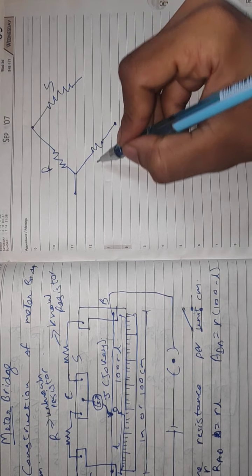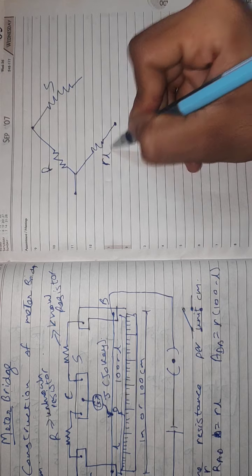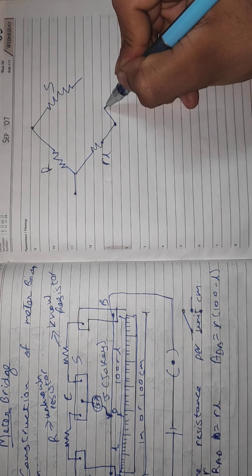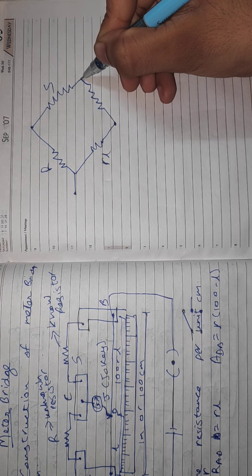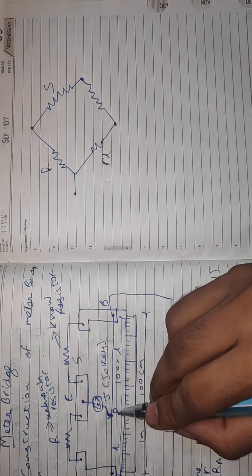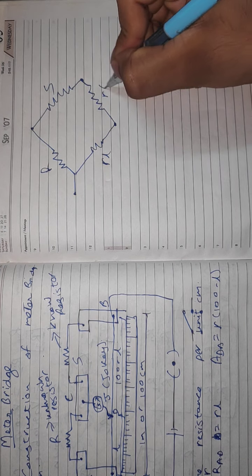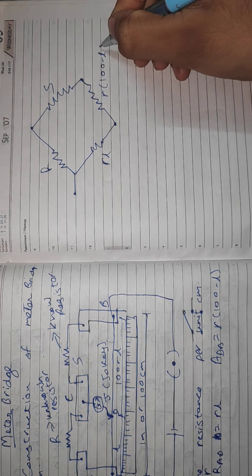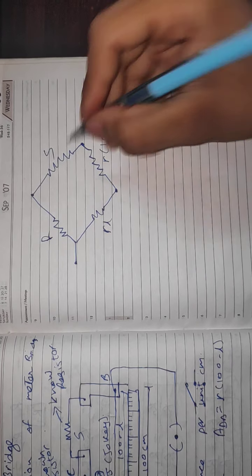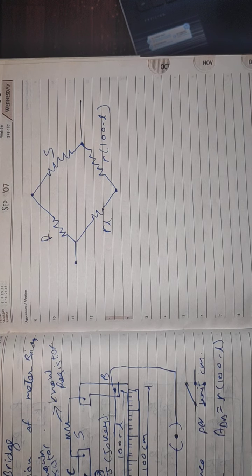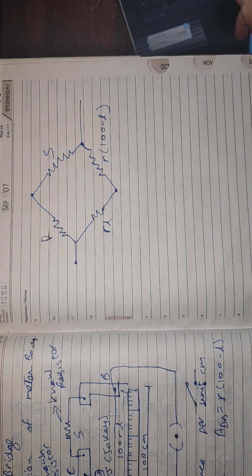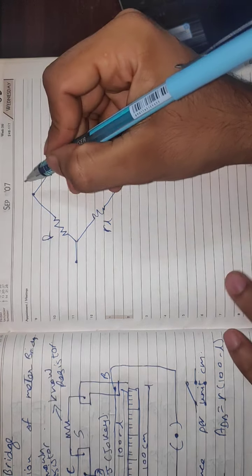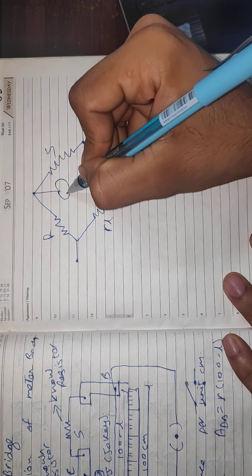So I'll write R L, and finally we'll connect this. The fourth one will be DB, so it will be R into 100 minus L. Okay, so we have got a Wheatstone bridge circuit. Now to have a balance condition, what is required? Yes, we will connect the galvanometer also over here.